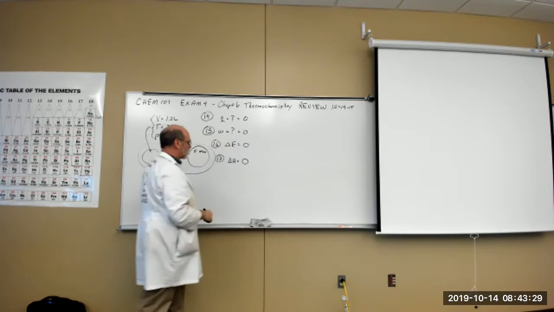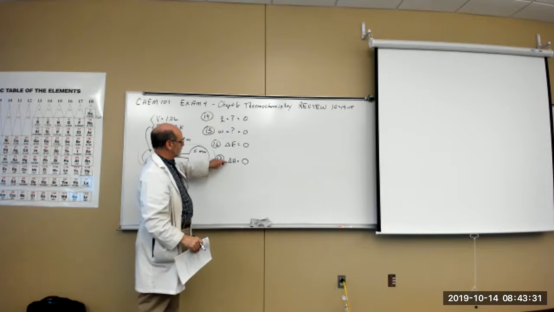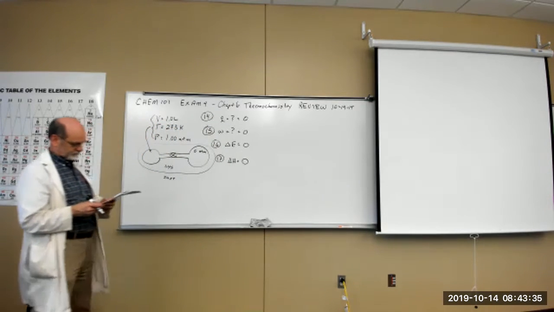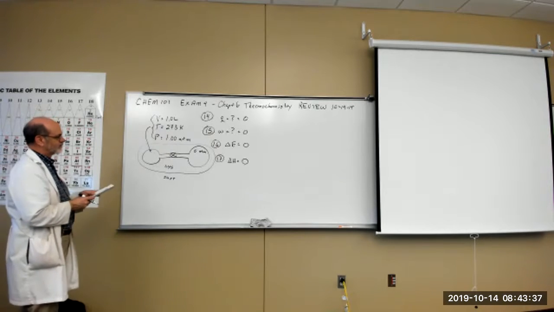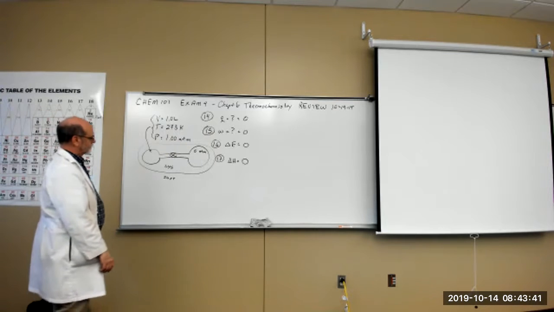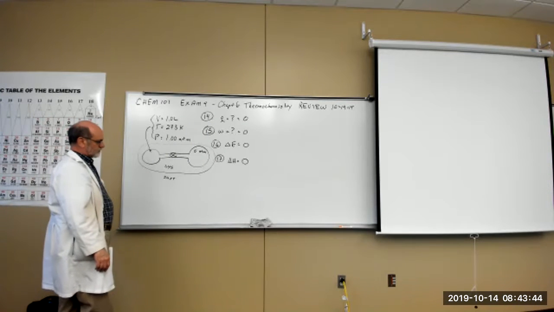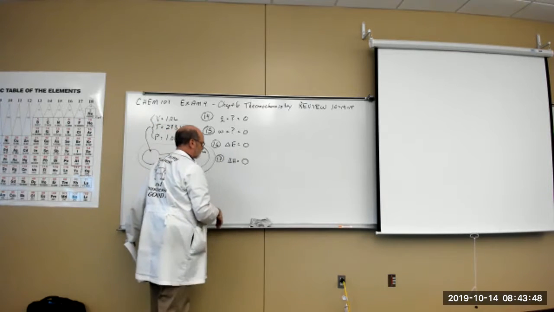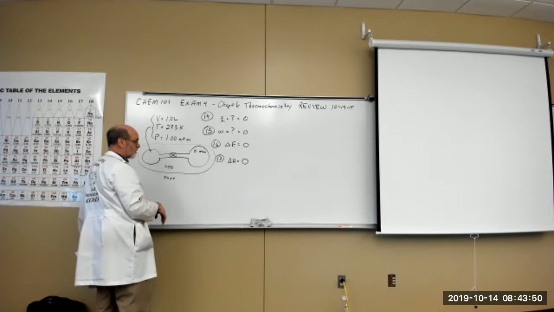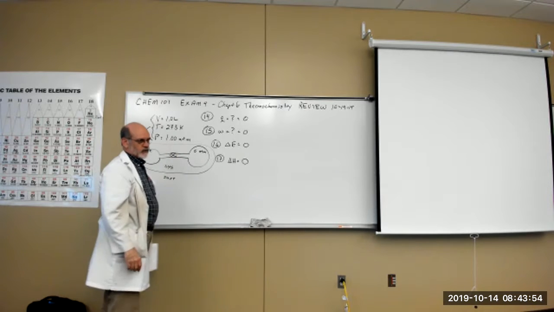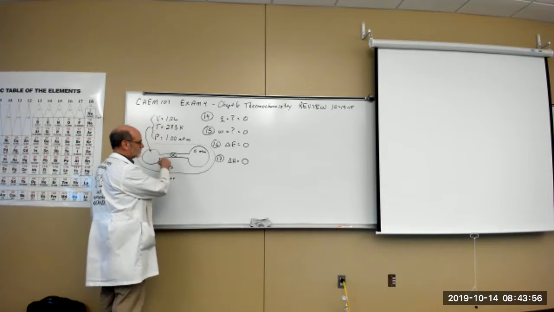So delta H would be the same as Q, also 0. Plus delta H and delta E are state functions, so it doesn't matter what happens in between. In this case, nothing happened in between. So would they be equal to 0?